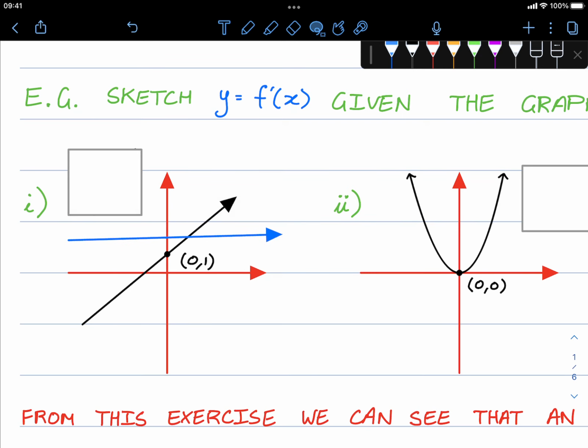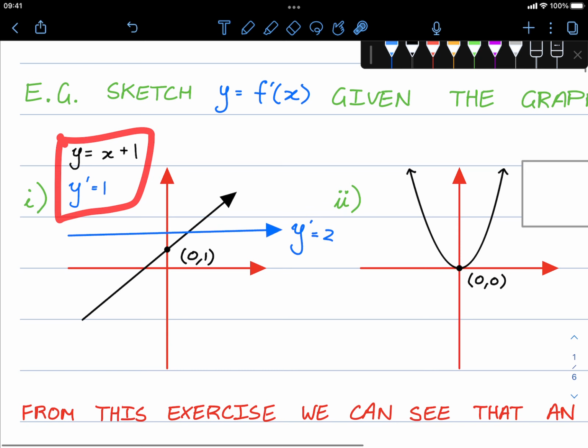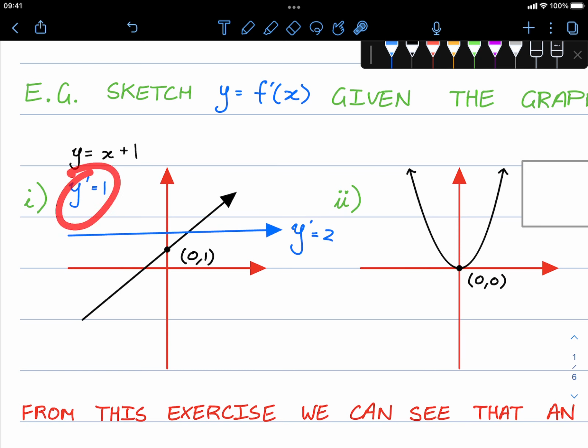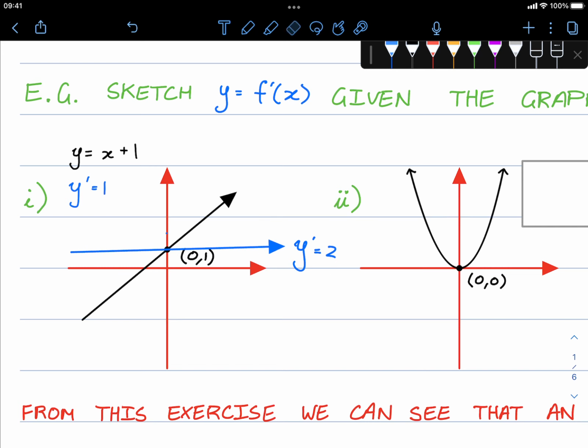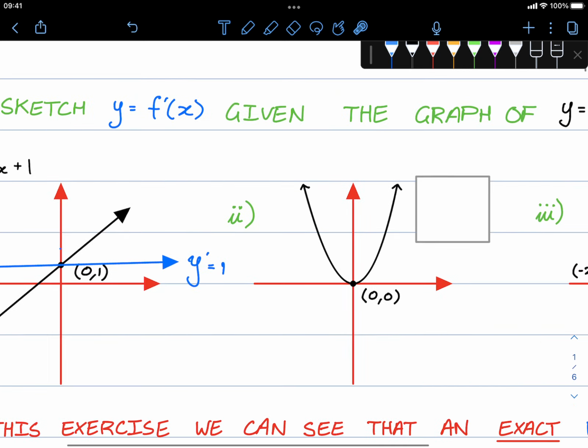So for example, this could be y equals 2, because the derivative of this black line could be 2. But if we were given the exact function, we could find that its derivative is 1. Therefore, we could see that it would actually pass through the y-intercepts as well, like this.